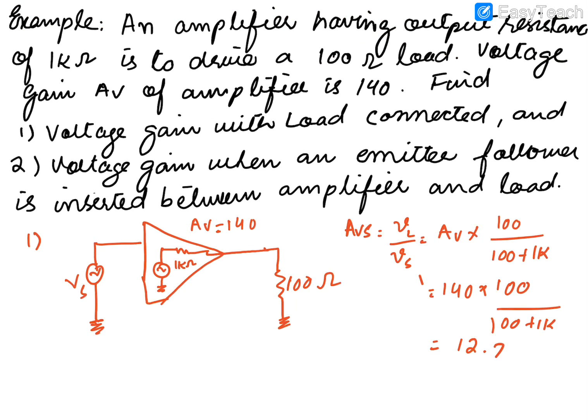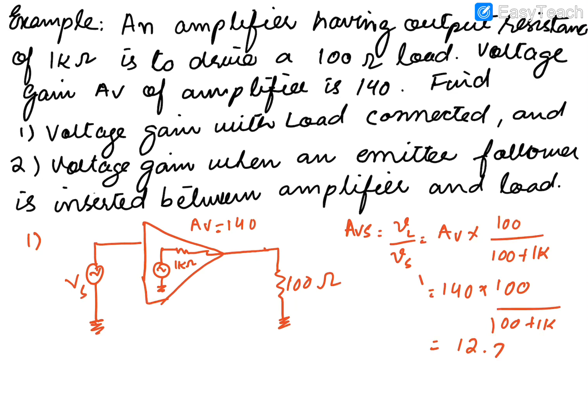So next we will solve an example which will show how the common collector amplifier improves the overall gain of the system and can drive a heavy load without the reduction of gain.